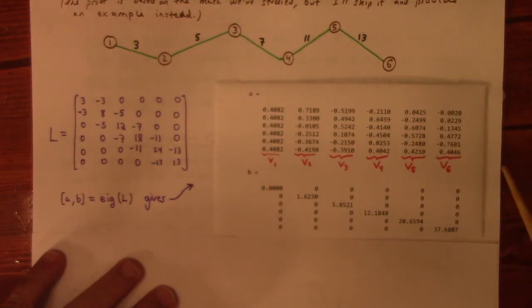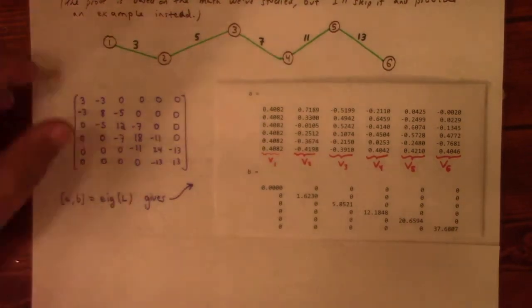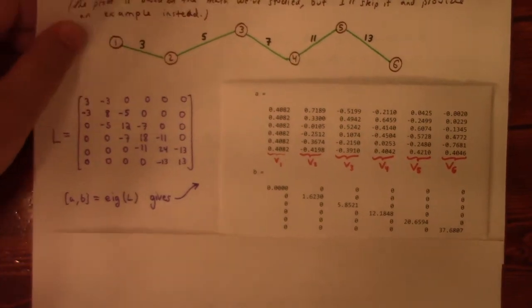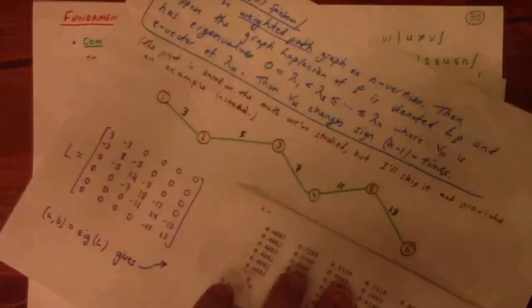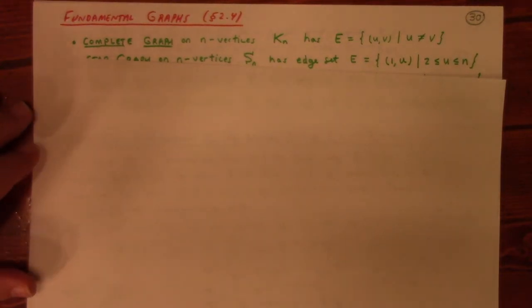It could be as big as you want. Well, there's probably some kind of bound, but anyway, this one, even though there's only 6 vertices, the top eigenvalue is 37.68. So be careful as you're applying theory that we're applying it correctly. You got to watch out. Some of the theorems are just for weight 1 graphs.